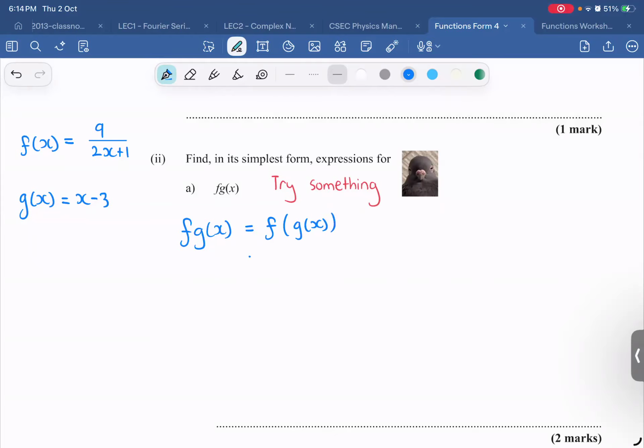Next, I could replace g of x with what it actually is. So g of x is actually x minus 3, right? So notice we have f of something, so we have to use f of x. So f of x minus 3 would just be 9 all over 2 times x minus 3, plus 1. Are you with me so far? Tell me if I lose you.